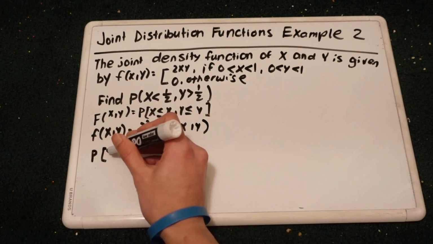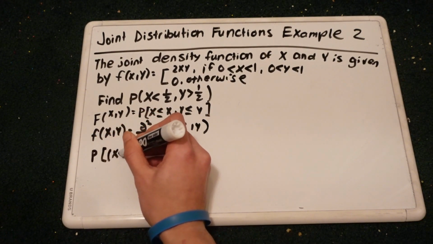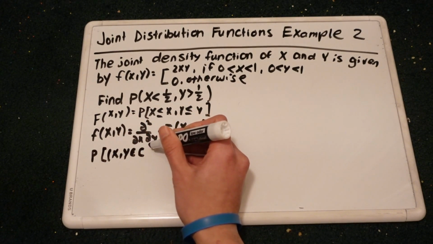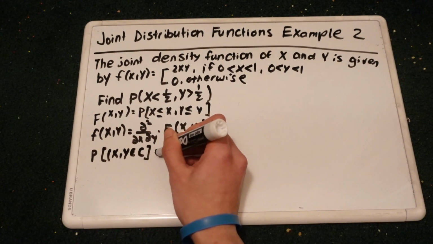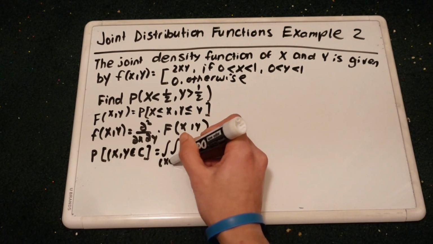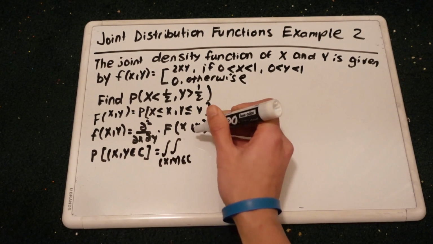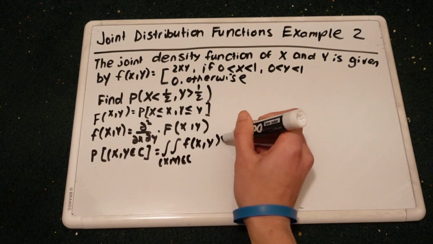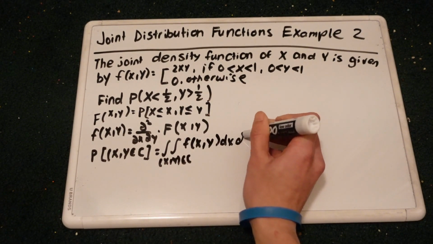And then there's also the probability that (X, Y) is in C, which is the Cartesian product, is the integral of f of x, y dx dy.